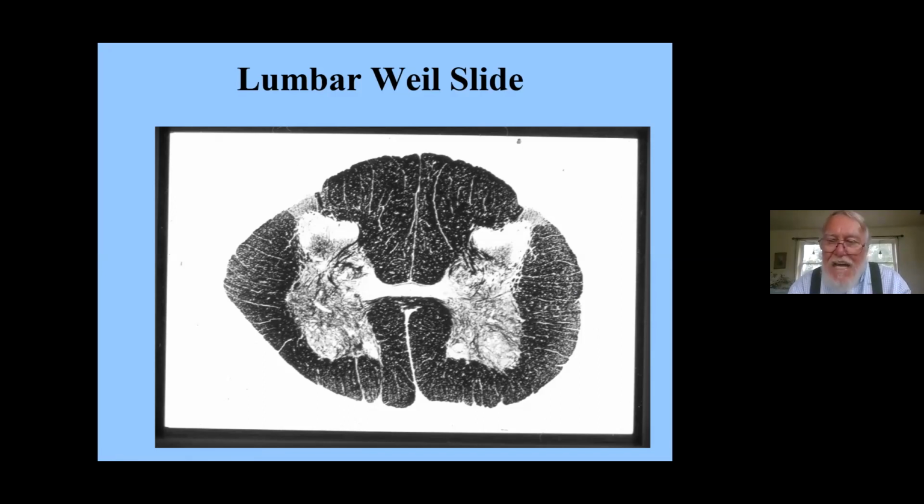Okay? And the same thing with our friend, the lateral spinothalamic tract, which is lateral to the ventral horn, but medial to the anterior spinocerebellar tract. Then we have the anterior spinothalamic tract. Then we have the anterior corticospinal tract, and then the anterior white commissure.